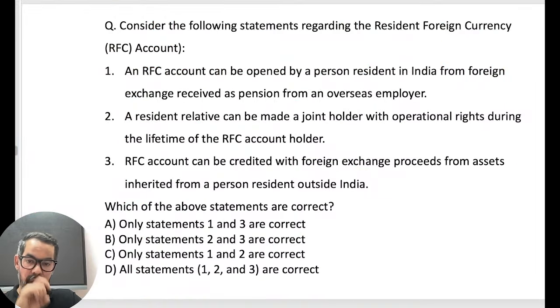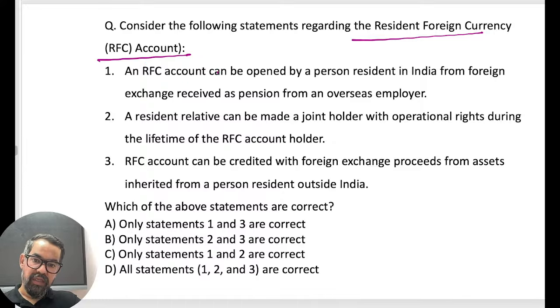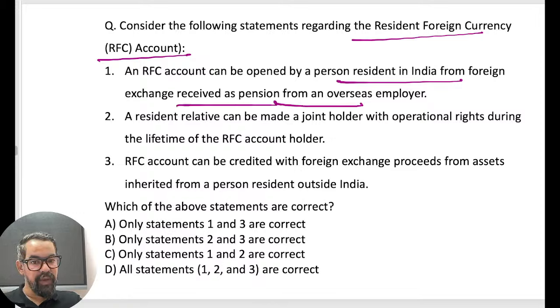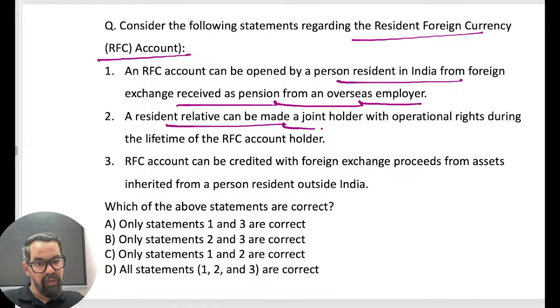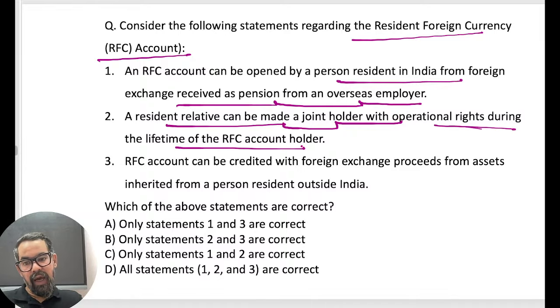Next one. Consider the following statement regarding resident foreign currency account. A resident foreign currency account can be opened by a person resident in India from foreign exchange received as pension from the overseas employer. A resident relative can be made a joint holder with operational rights during the lifetime of the RFC account.